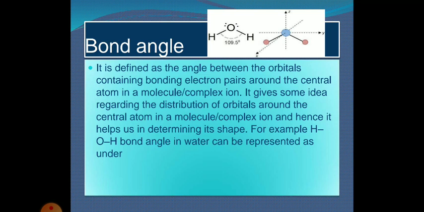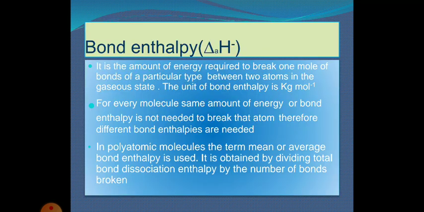The blue dot at the center indicates the oxygen atom, which contains two lone pairs of electrons, and the two hydrogen atoms are present in the xz plane and xy plane. So this is the bond angle created by the two bonded OH, that is oxygen and hydrogen, formed in this molecule.